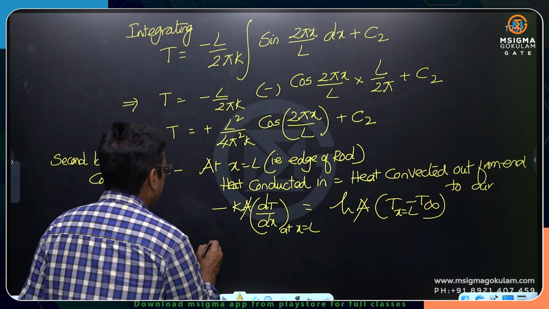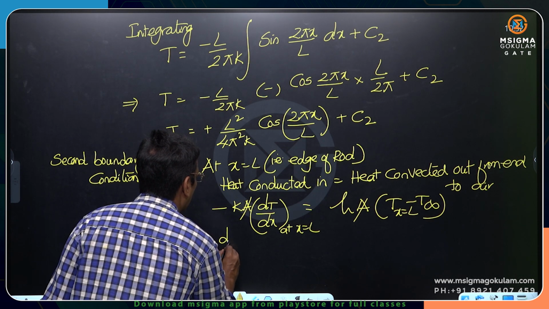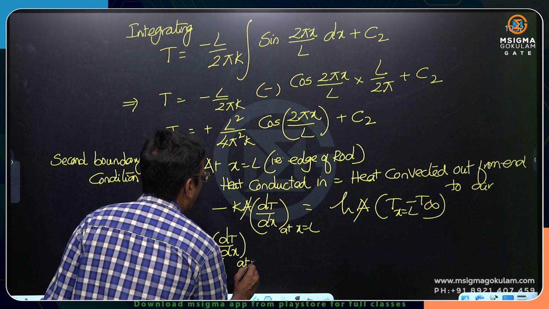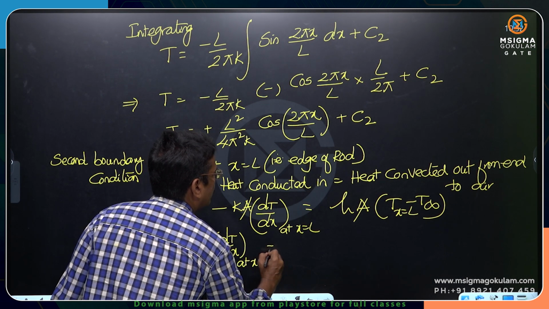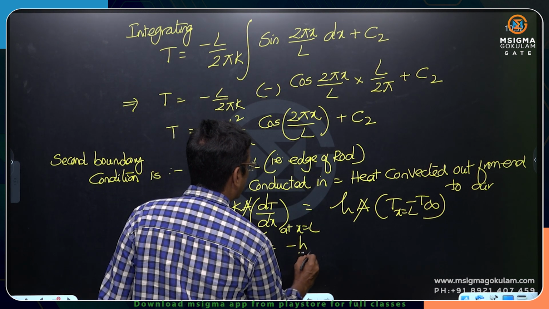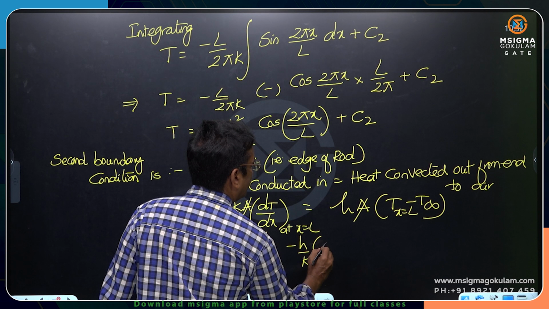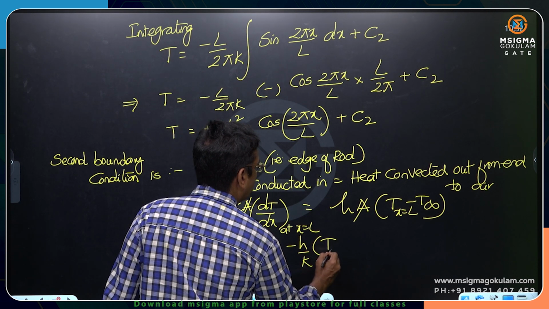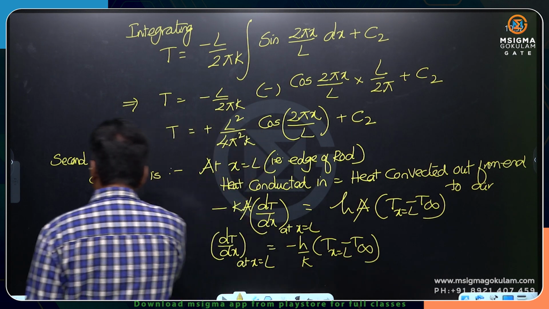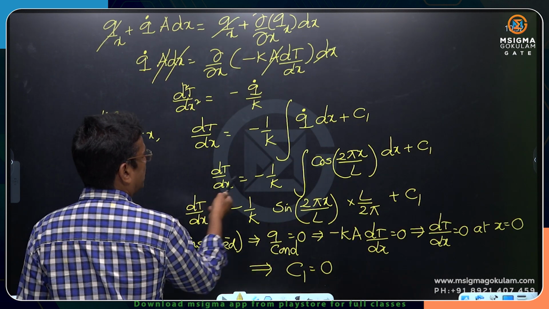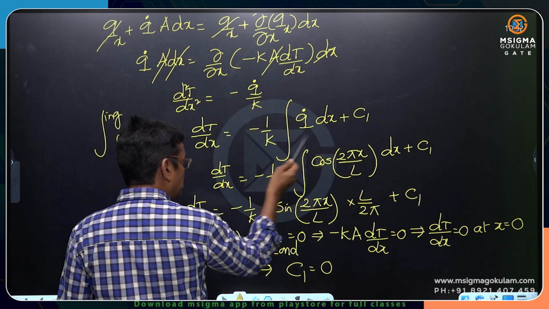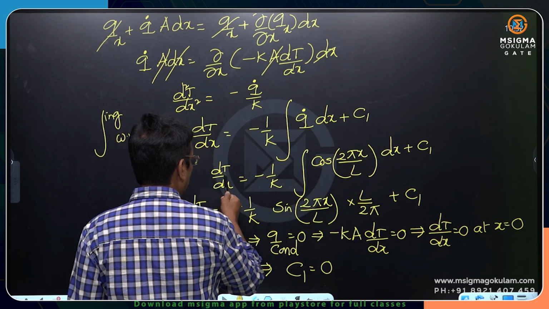So now dT by dx is equal to minus h by k into temperature at x is equal to L minus T infinity. But we already have the dT by dx, with C1 equal to 0.